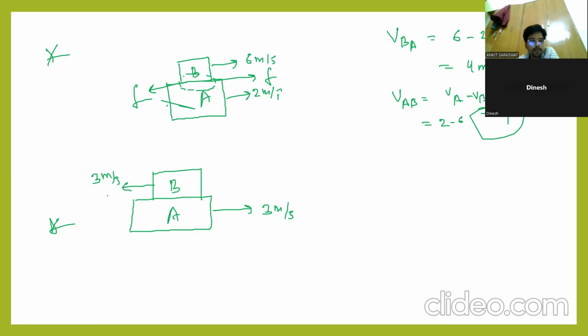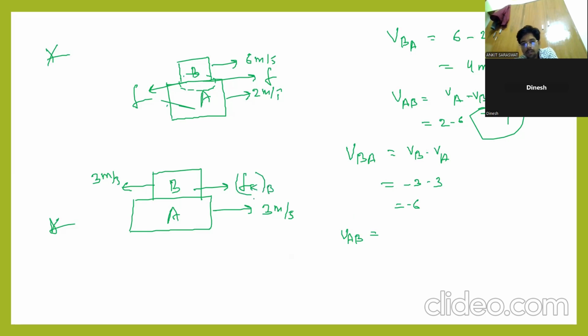For VBA, minus 3 minus 6 means left. So according to A, B is going back. Friction acts in the backward direction for body A. This is for B.